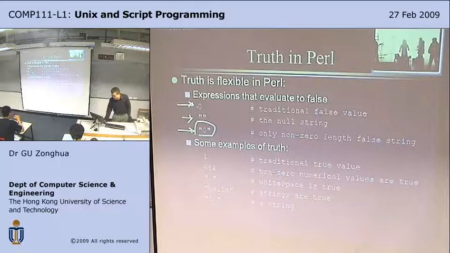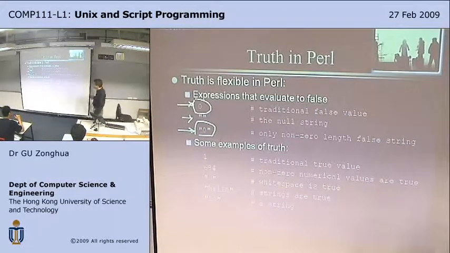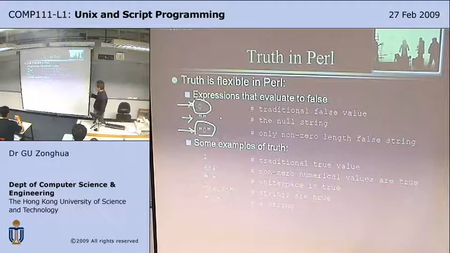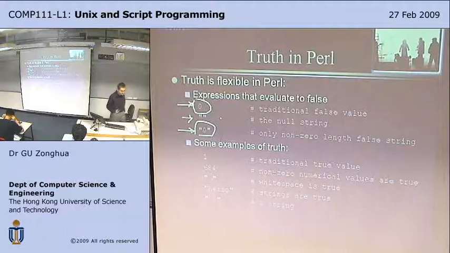Notice the difference between this guy and this guy. The first one is a numeric 0, the second one is a string with a 0 in it. In C, the second one, the string, would be treated as true. But Perl treats these two as equivalent. They are both viewed as false.